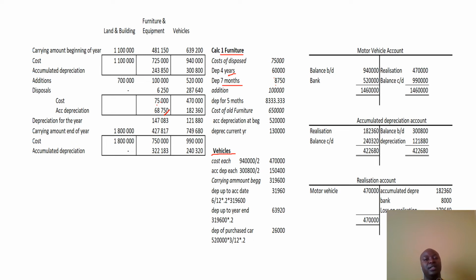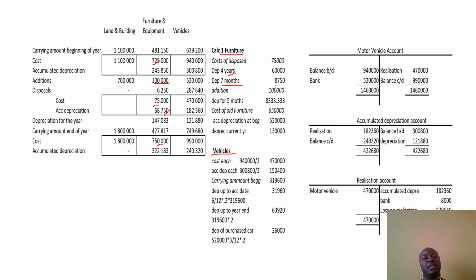And then I had to go and look at what was bought during the year or any addition. We got an addition of 100,000, isn't it? So in a case that we're only given 75,000 and 100,000, how do we calculate it? Maybe we're given the 725,000 and maybe the last figure 750,000, and we're required to determine the 75,000. How do you do that?